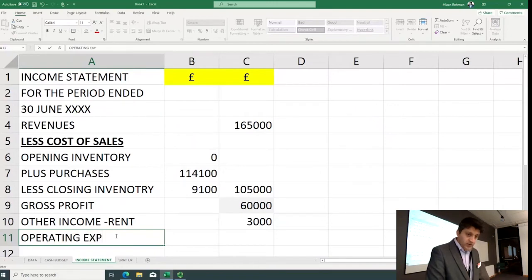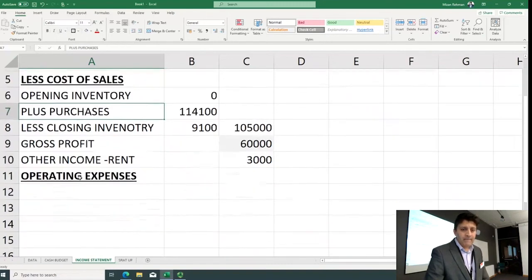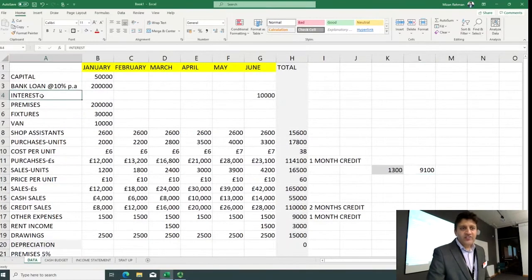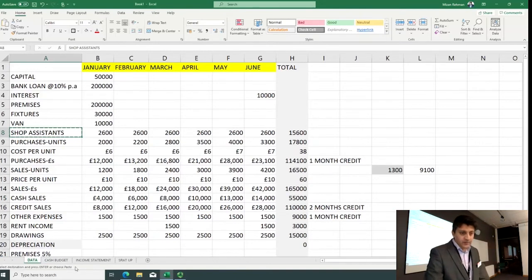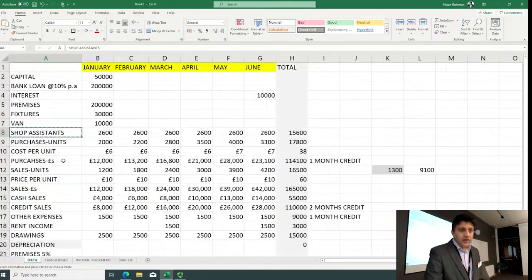And then we have our operating expenses. Okay, operating expenses. Interest is a finance cost, not an operating expense, so we will deal with it later. Shop assistance, yeah. So we have that one, and other expenses.